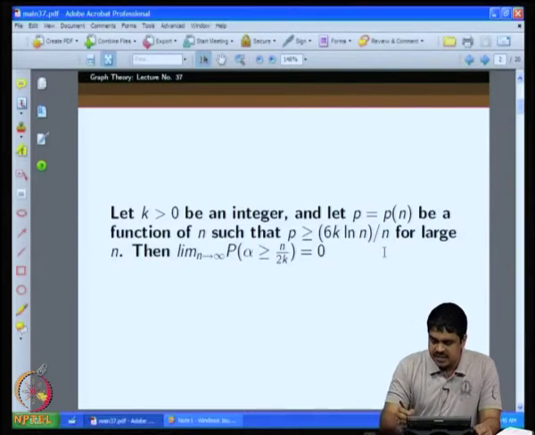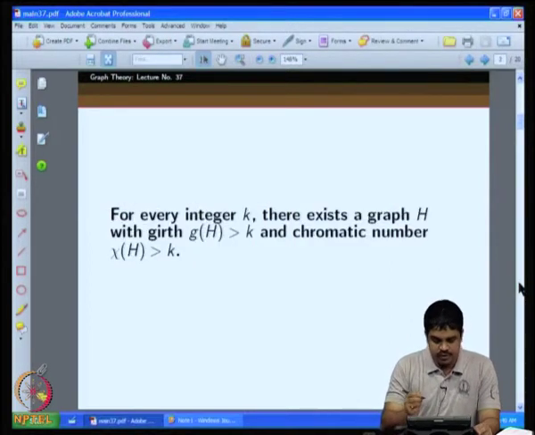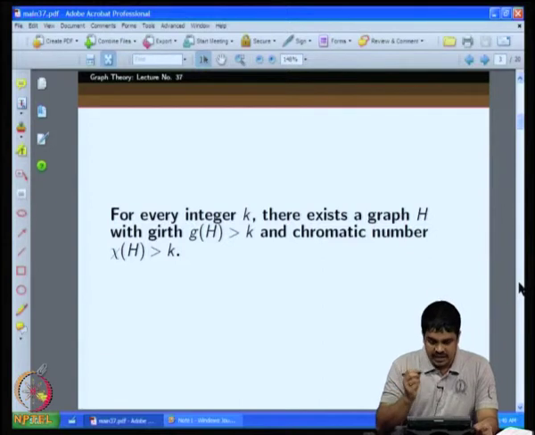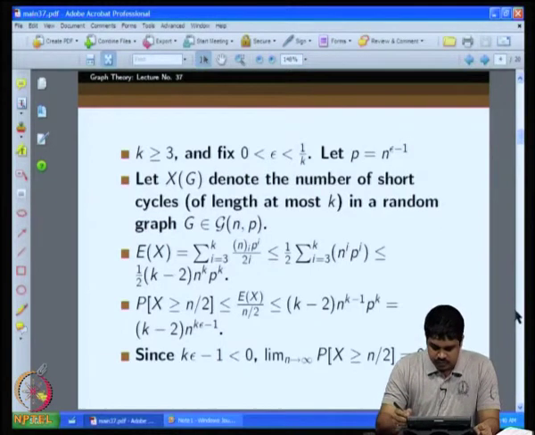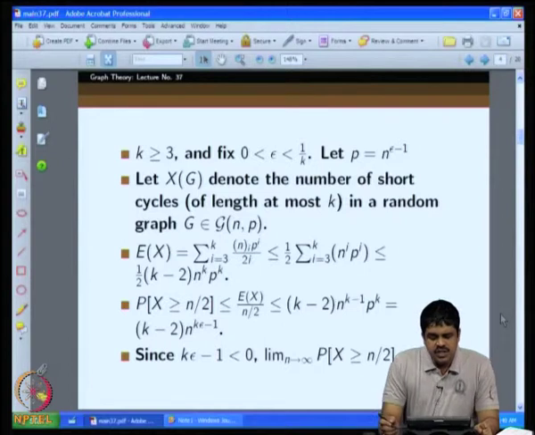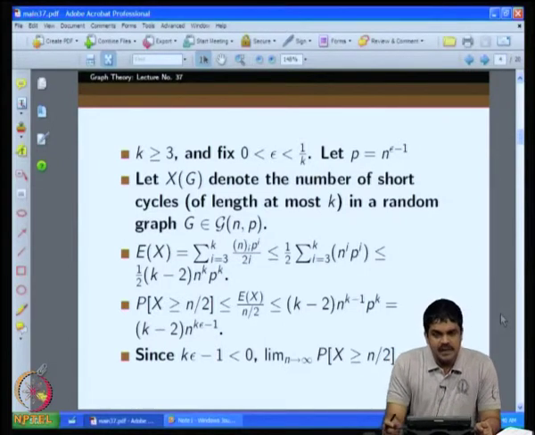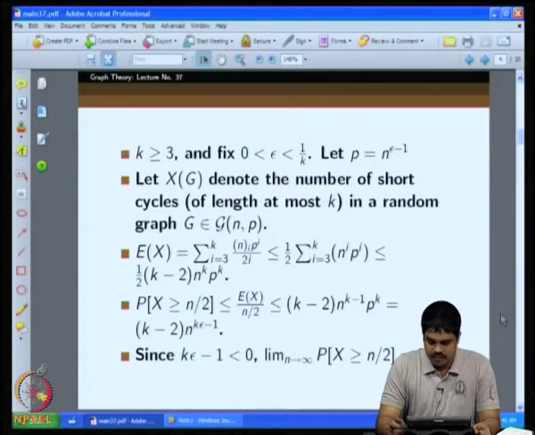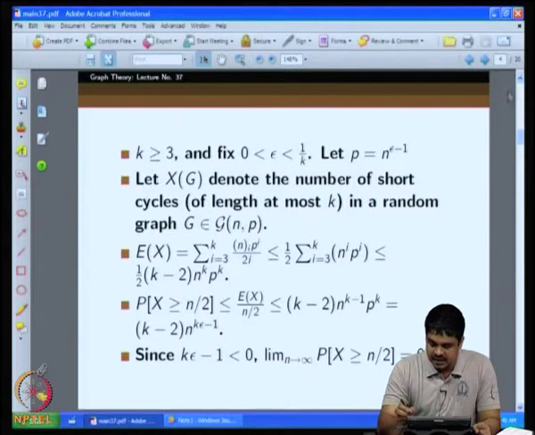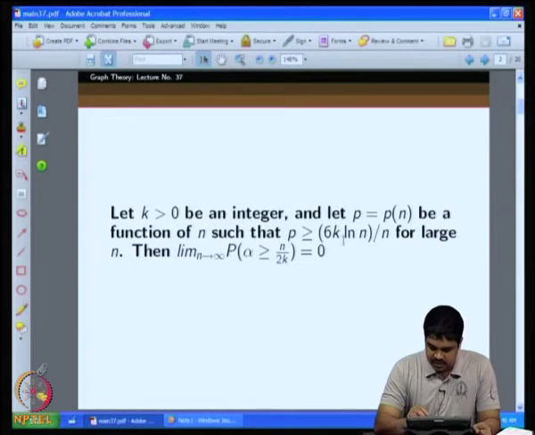So, our technique is this, that is what we are going to prove. We fix the probability a little higher only, that means of course higher than the 6k log n by n, but only a little higher.